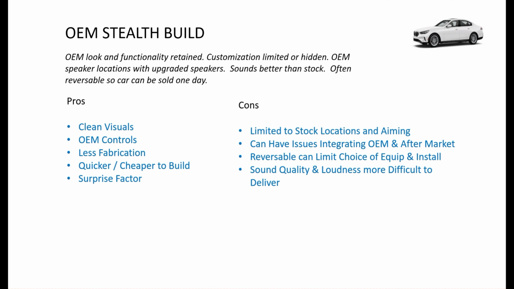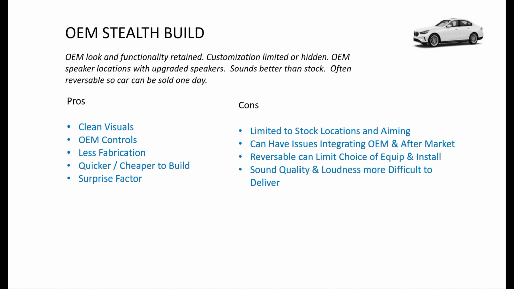Alright, the next system we're going to look at is the OEM, or what I would call the stealth build. Now, this is a build where the focus is on retaining the car's stock OEM visuals and look, and the functionality of the car operates just as if there was no system in there at all.